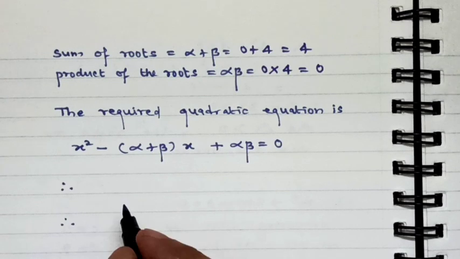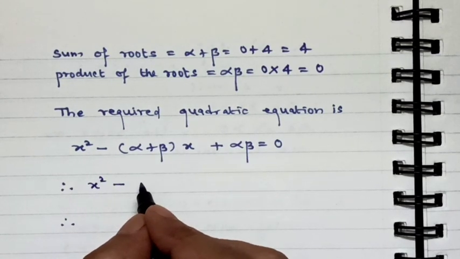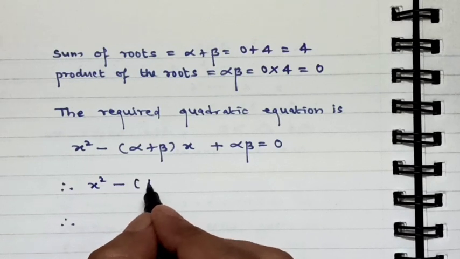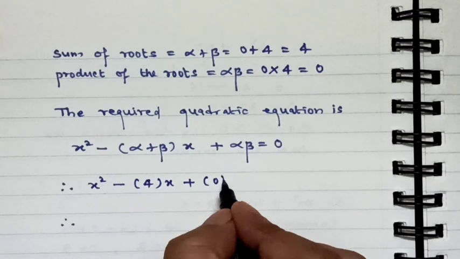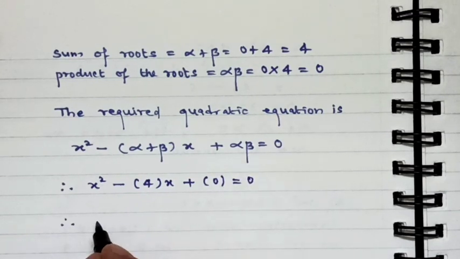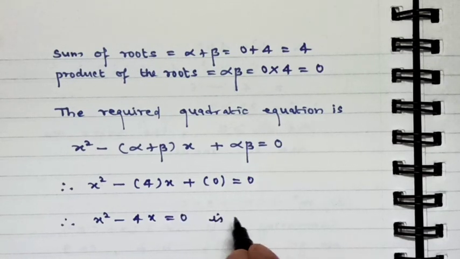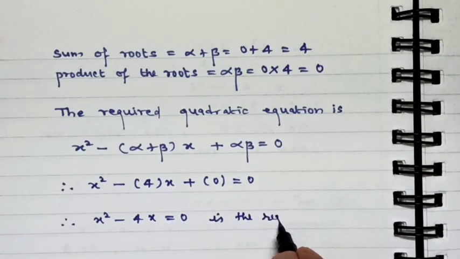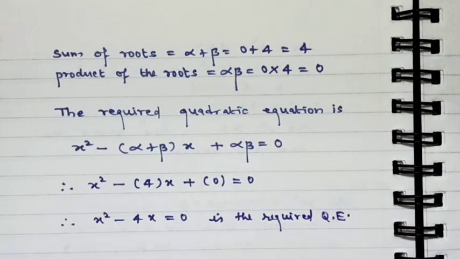Now put the value, you will be getting x square minus (alpha plus beta is 4) x plus alpha beta (is 0) is equal to 0. Therefore we will get x square minus 4x is equal to 0. This is the required quadratic equation.